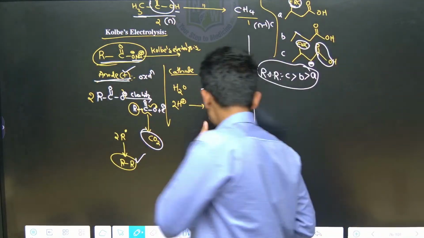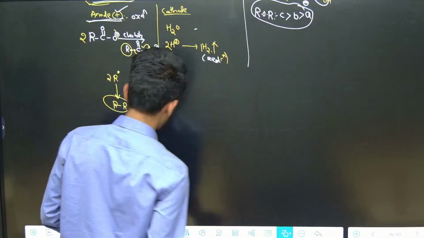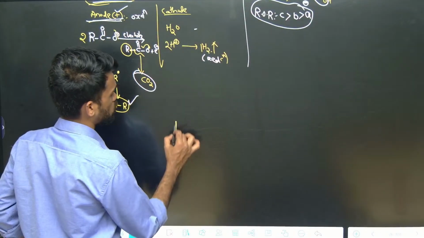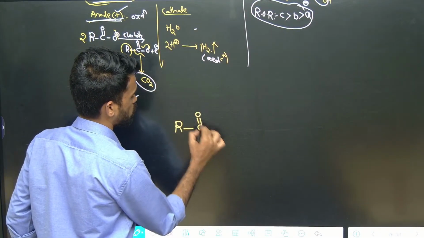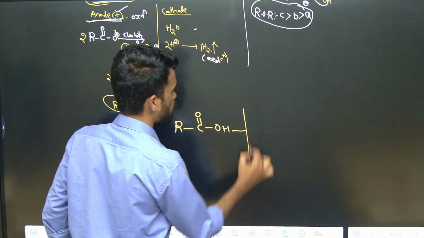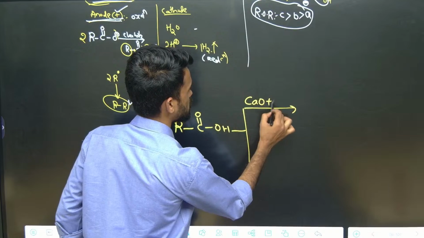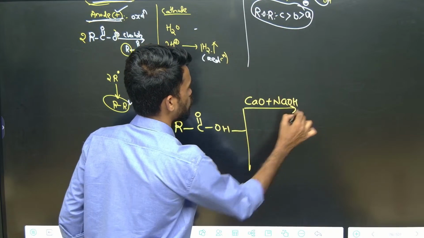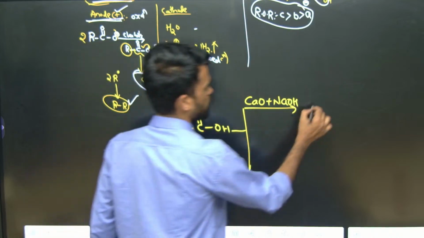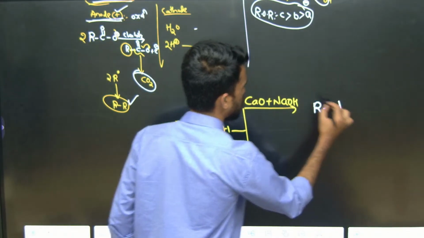So now what makes the difference between decarboxylation and Kolbe's electrolysis here? For example, this is the carboxylic acid we are taking. Upon decarboxylation, that is treating with CaO plus NaOH, soda lime, it will give you an RH type of product, an alkane is produced.